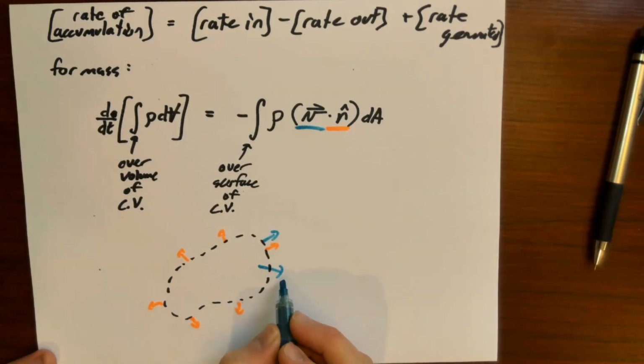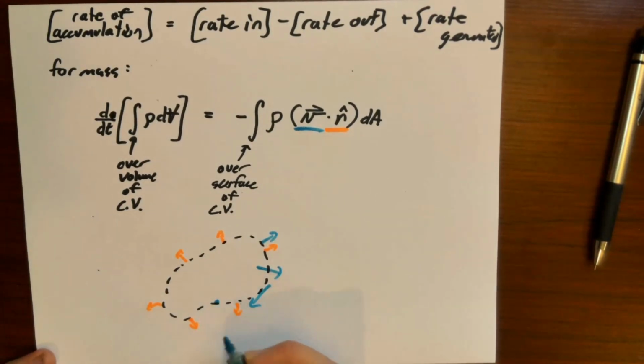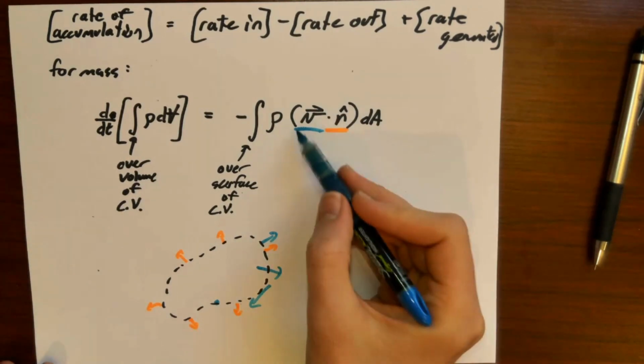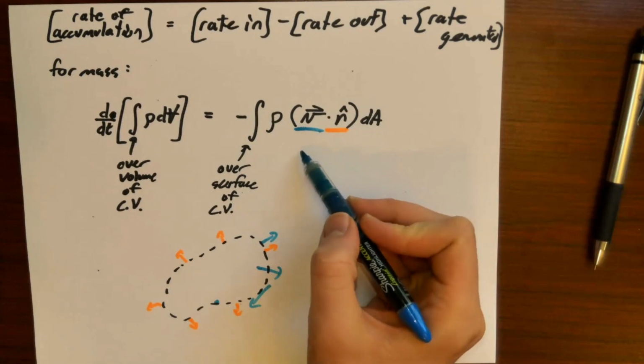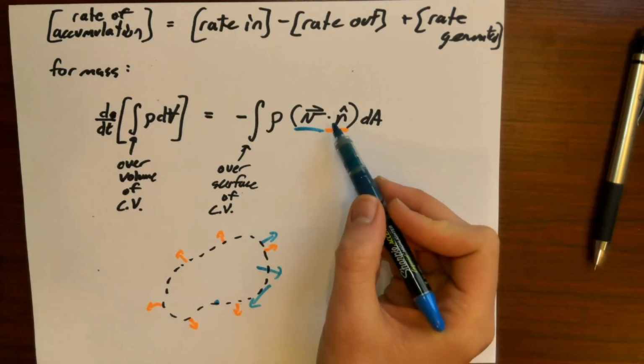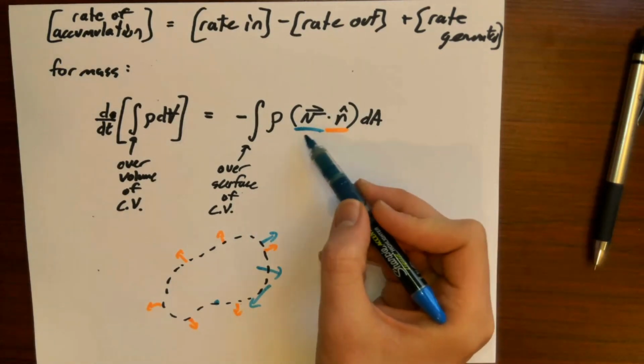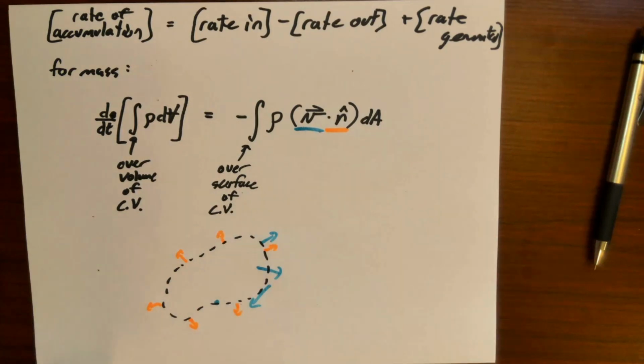It can be oblique. It could be tangential. We could have cases where we have no velocity at some parts of the surface, and this v dot n basically accounts for whether flow is flowing out, in which case the dot product is positive, or flowing inward, in which case it's negative.